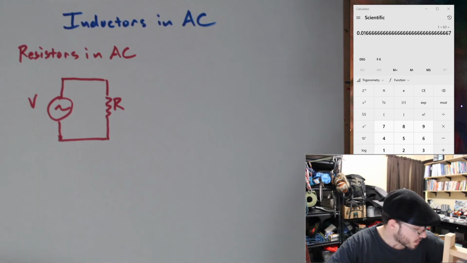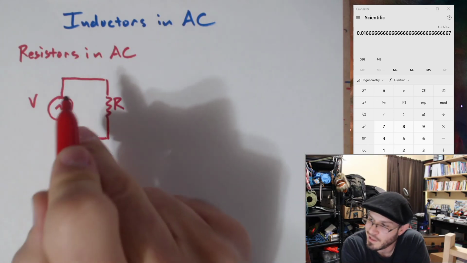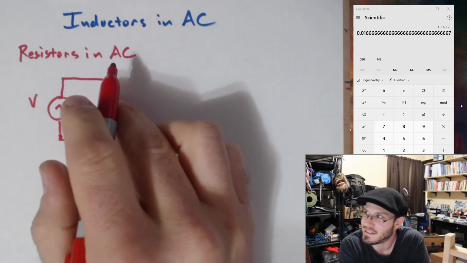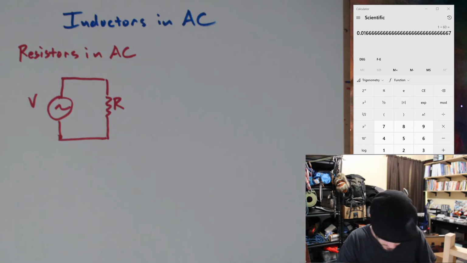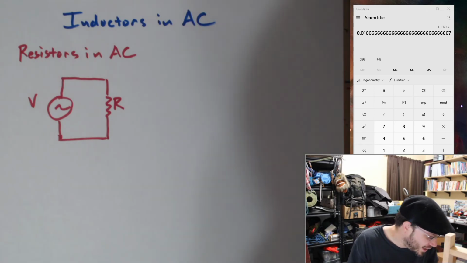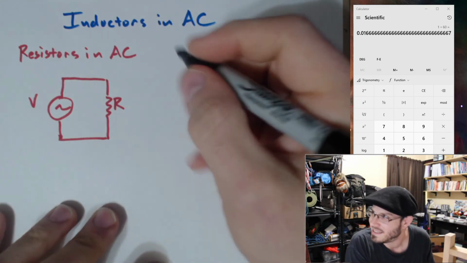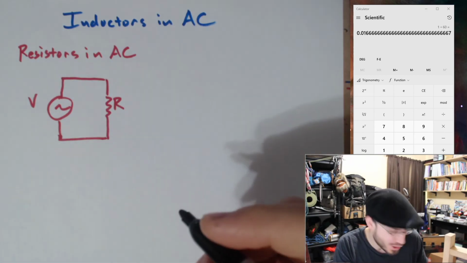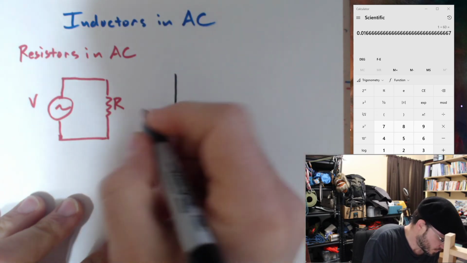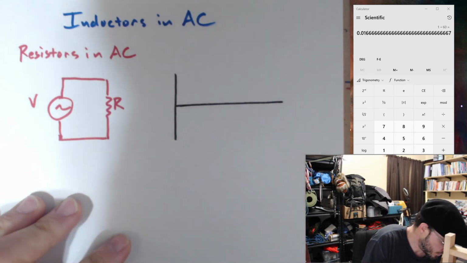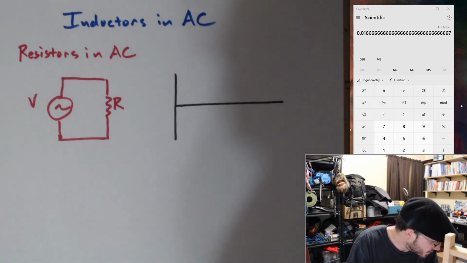Okay. Now, before we talk about an inductor in AC, really good idea to look at a resistor in AC because it's quite a bit simpler. And so I'll go ahead and use time versus voltage so we can see this relationship, and then we'll go ahead and draw it in phasor form. Now I'll do voltage in blue.